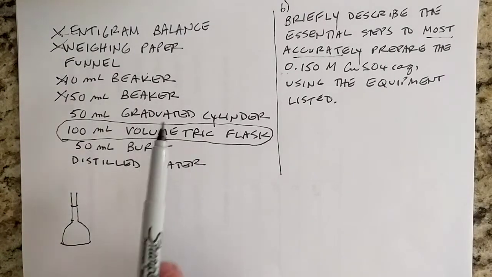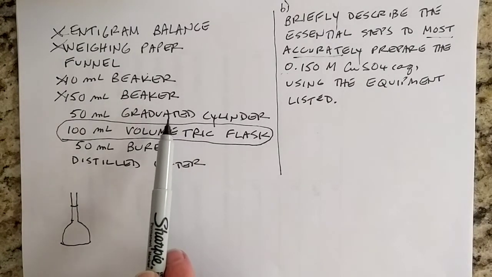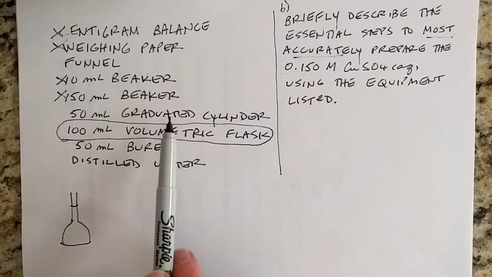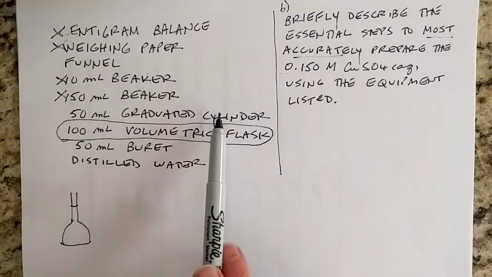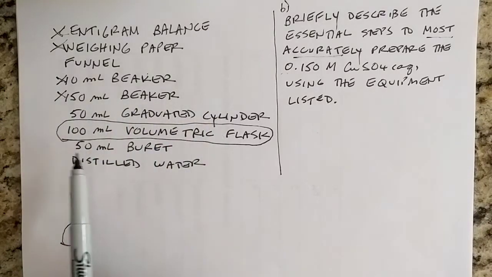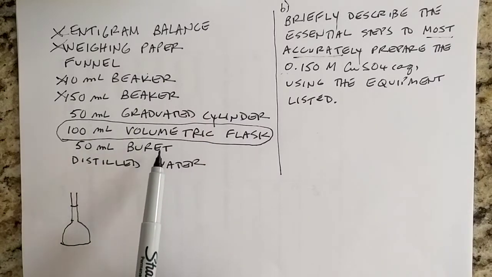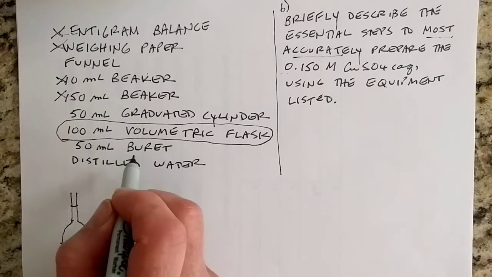So we have a choice. How are we going to measure out the volume of our concentrated solution? We could either use the 50 milliliter graduated cylinder or the 50 milliliter burette. Which one of these gives the most accurate volume? And that would be the burette.